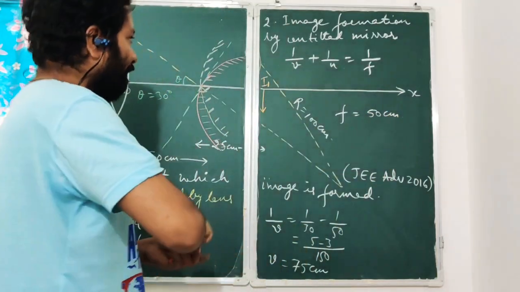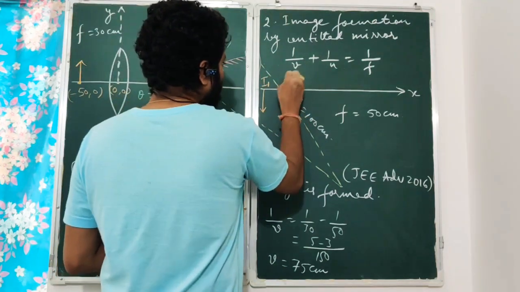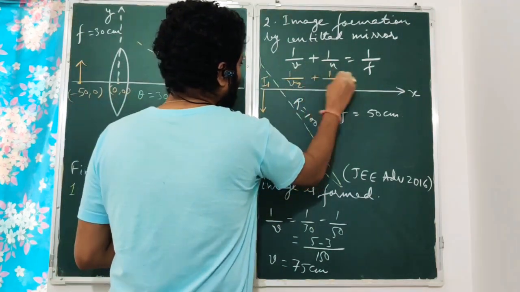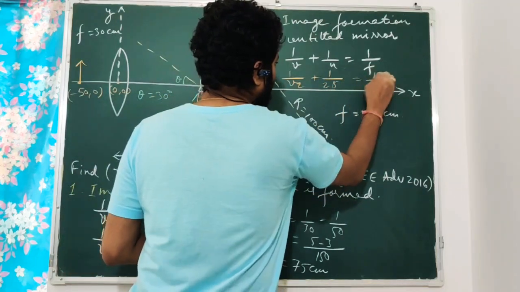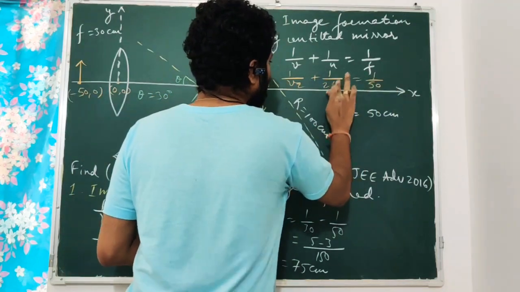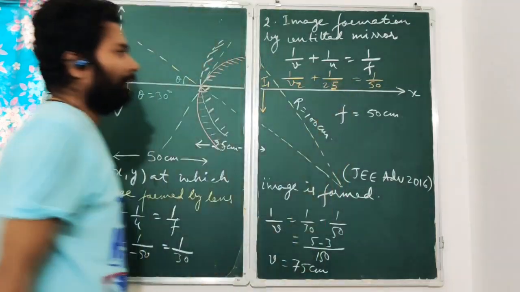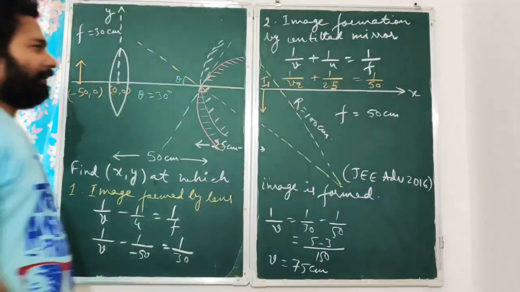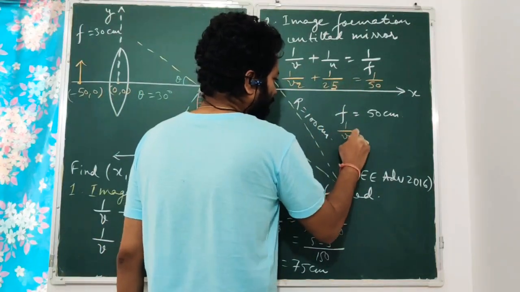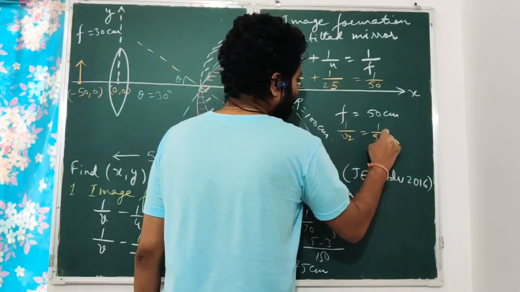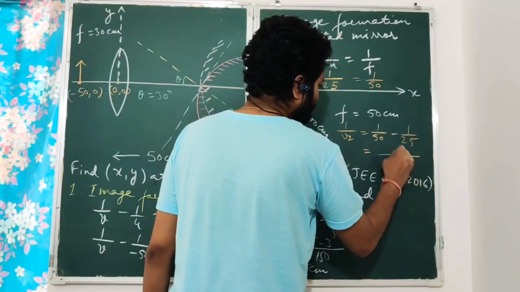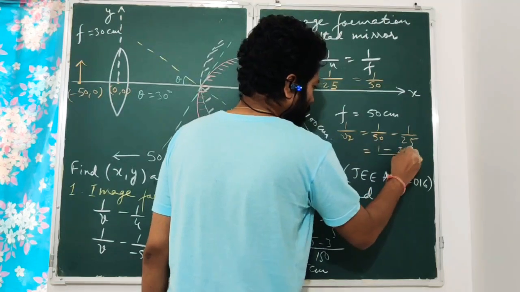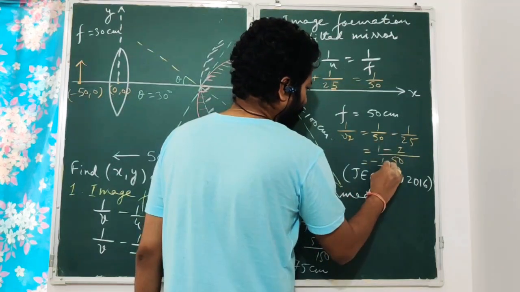So let us put the values. V2, so 1 by V2 plus 1 by U is 25, and that is equal to 1 by 50. So can we write 1 by V2 as equal to 1 by 50 minus 1 by 25. So how much this will be? Minus 1 by 50.